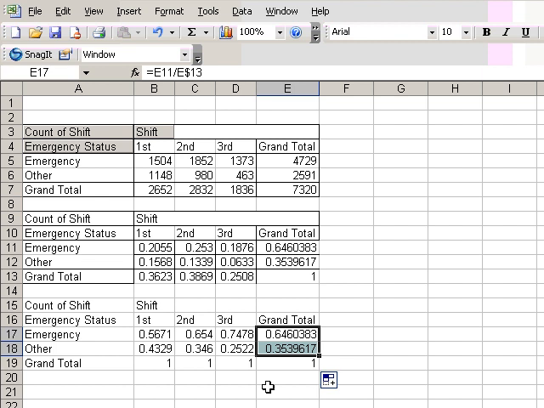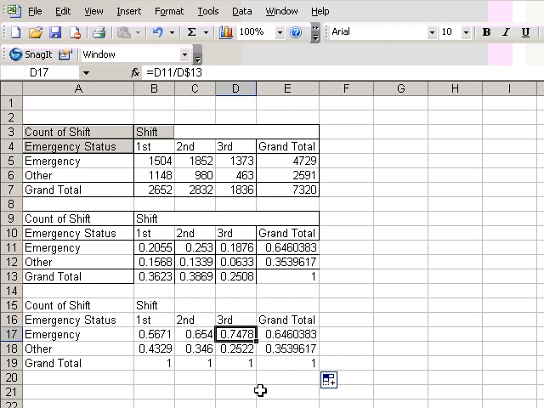It's easy enough to see that 0.56 is not the same as 0.64, 0.74 is not the same as 0.64, and even though 0.65 is close to 0.64, these two values indicate that shift and emergency status are not independent of one another.